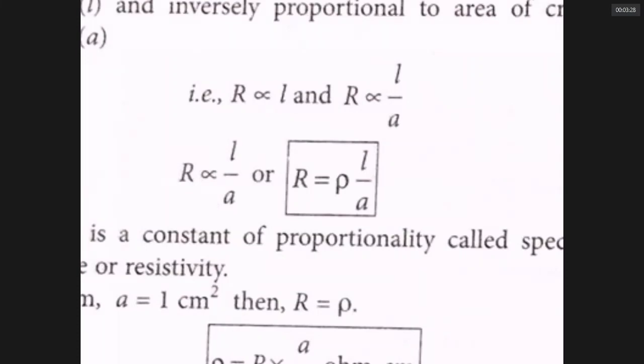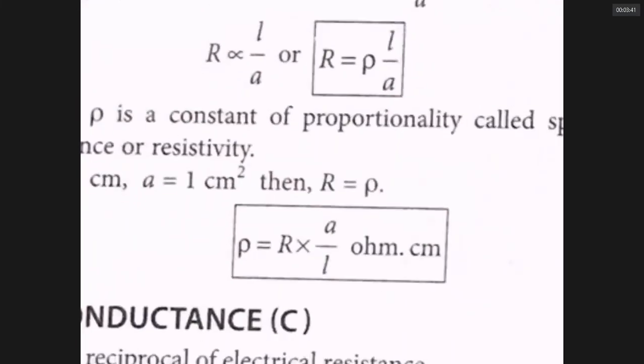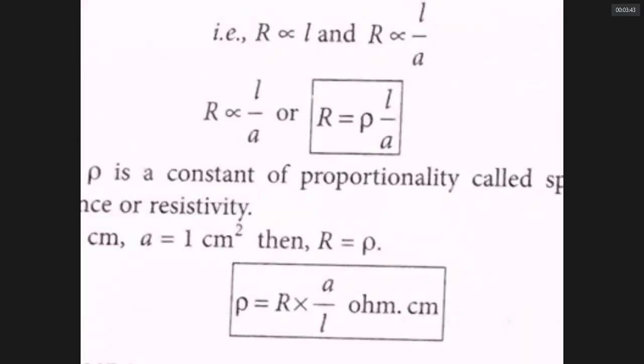Its units are naturally units of R, ohms, into centimeter by centimeter square. It means ohm per centimeter or ohm per meter. What are the units of R? Please notice, units of R are ohms.